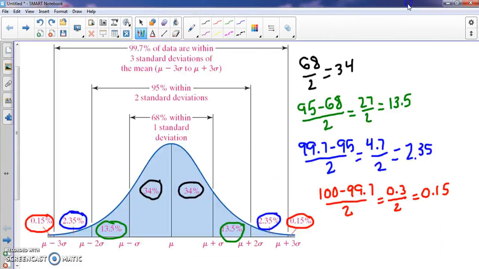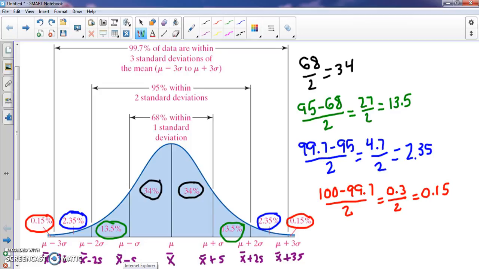So we could do the same thing here with the sample mean. So I would have X bar, and then X bar plus S, X bar plus 2S, X bar plus 3S, and then same thing over here: X bar minus S, X bar minus 2 times S, and X bar minus 3 times S. So again, the empirical rule only works if the data are roughly bell-shaped.